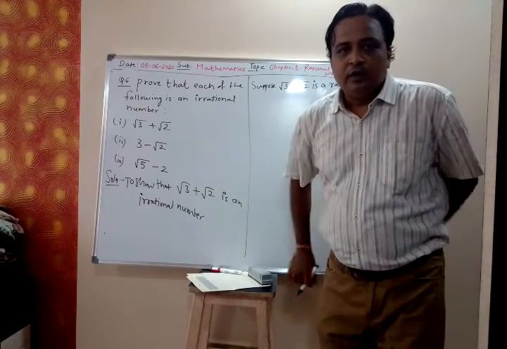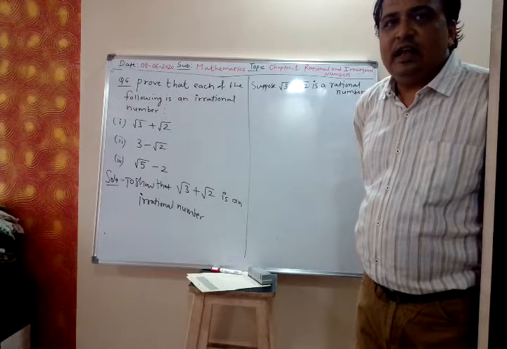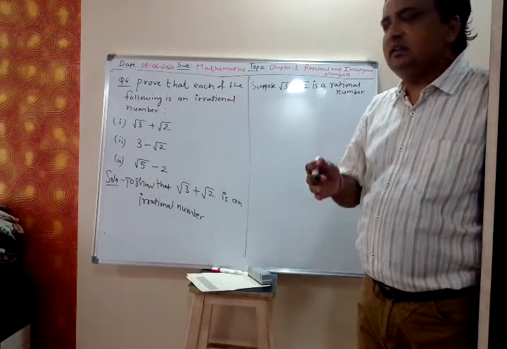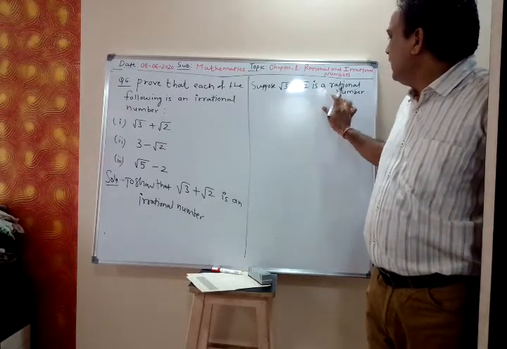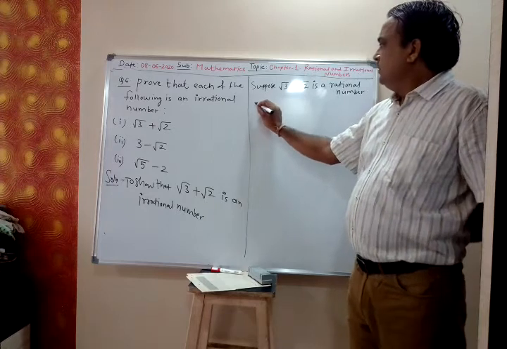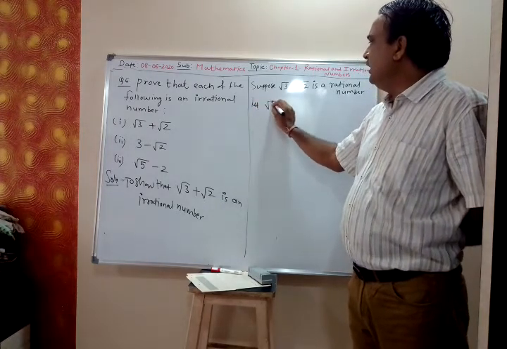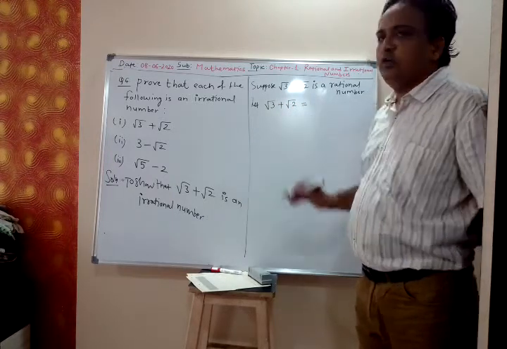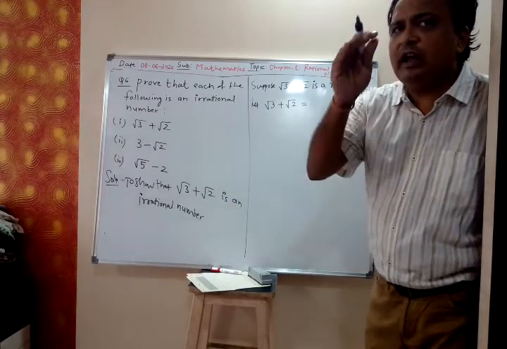We want to prove that it is an irrational number. I will use the method of contradiction, and I will assume that root 3 plus root 2 is a rational number. Let root 3 plus root 2 be equal to what we wrote in the morning, a upon b.